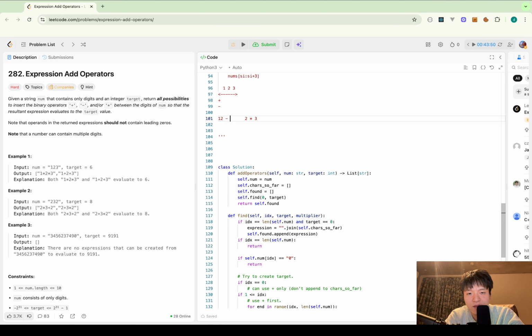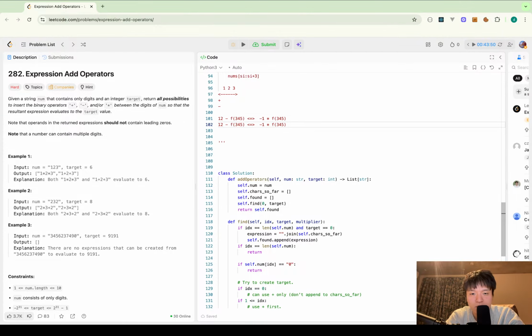So if I choose negative here, what I should pass is -1 times some number. If I choose multiply here, this means I should multiply 12 to this number, and this 12 should not be counted at this moment.